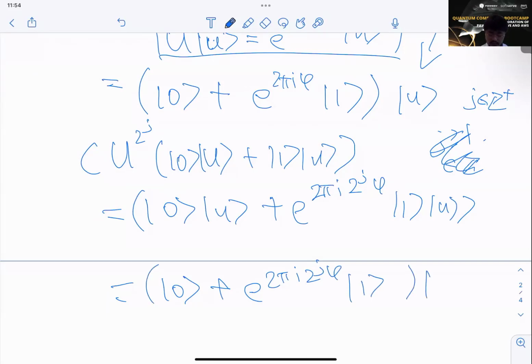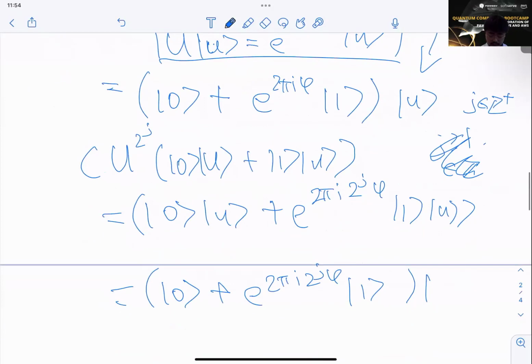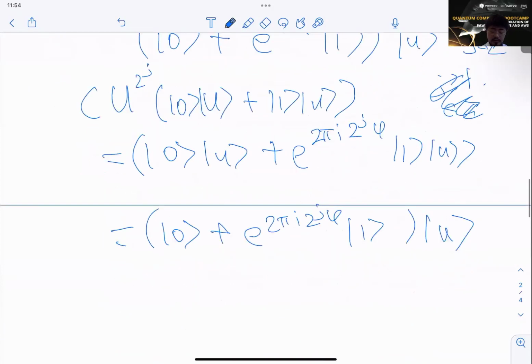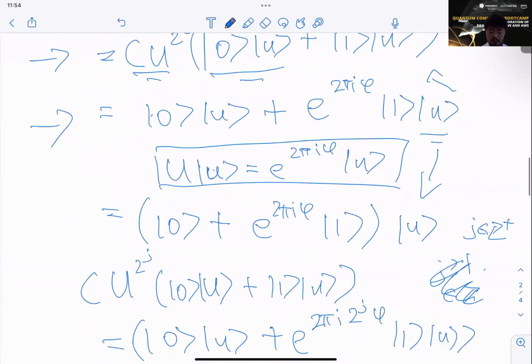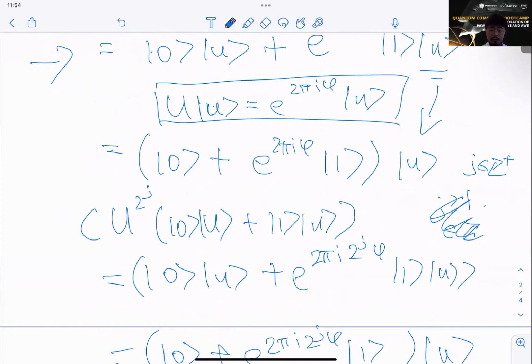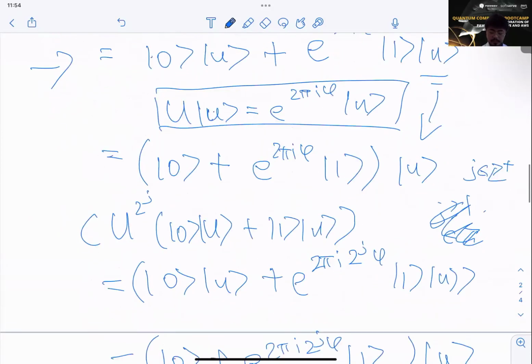We realize that even when j equals 0 here, we still get back the same answer because 2 to the power of 0 is just 1 over here. And so we get back the exact same thing.